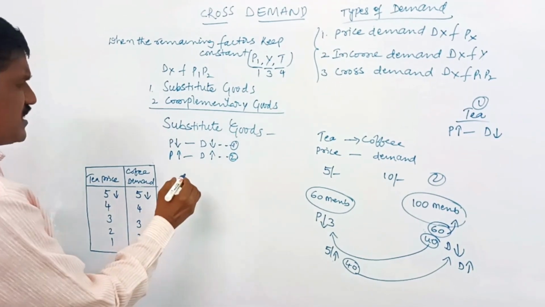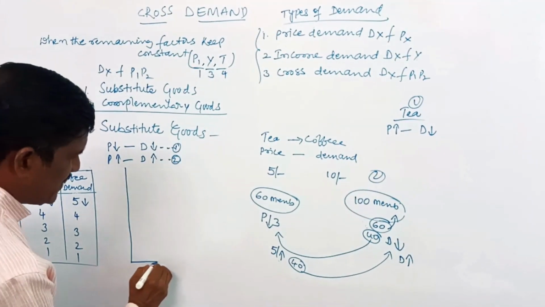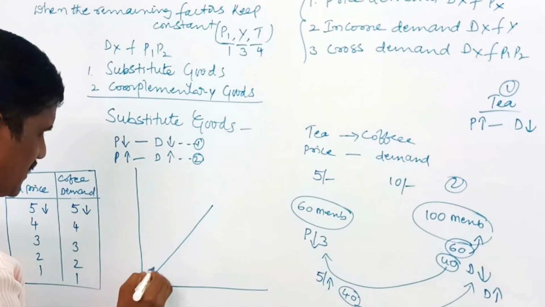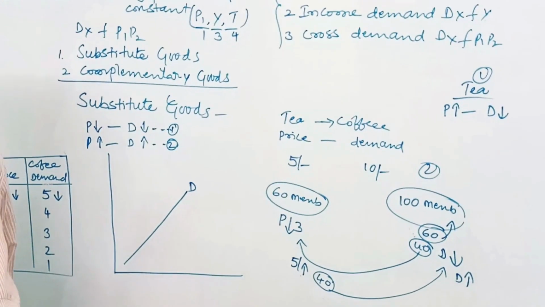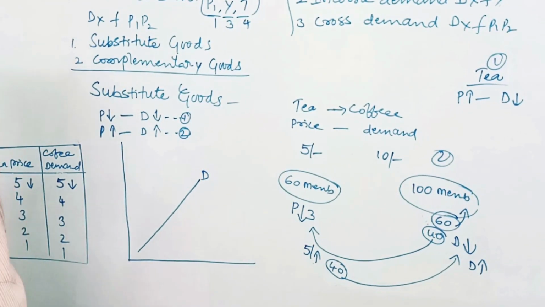According to this table, we can draw a diagram. That is what is positive. This is a demand curve. The demand curve is not always negative. The demand curve has different slopes with different concepts.